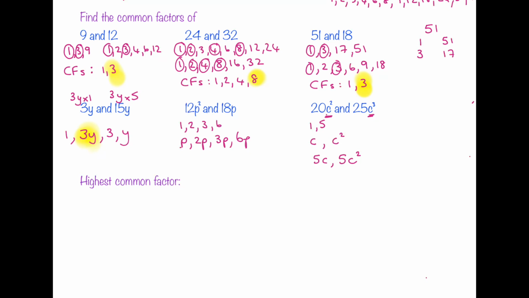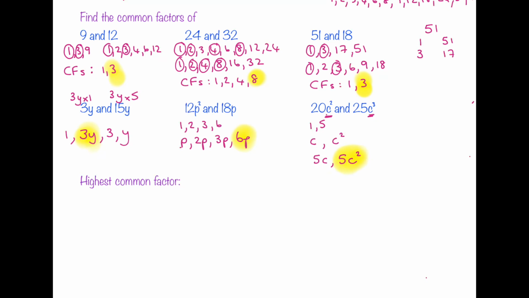In 12p squared and 8p, the highest number is 6, and we need the highest power of p as well, so that would give us the 6p. And then in the 20c squared and 25c cubed, 5 is the highest number, c squared is the highest letter term that goes into c squared and c cubed, so the combination of those is 5c squared. That's the highest common factor.